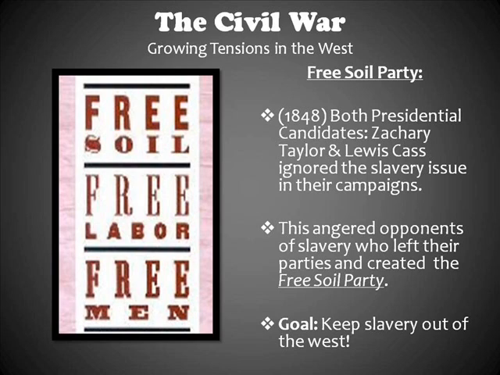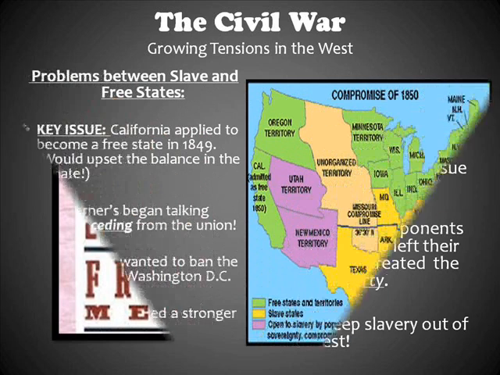So, in 1848, opponents of slavery left their parties and created the Free Soil Party. And the goal of this party was to keep slavery out of the West. Free soil, free labor, and free men, keeping slavery out of the West. And this party was actually able to gain quite a few seats in Congress at that time.